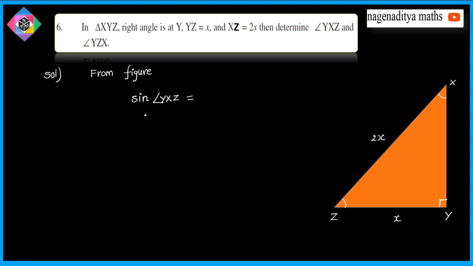Sine theta is the opposite side by hypotenuse side. So what is the opposite side of angle YXZ? So angle YXZ is nothing but this angle. So this opposite side is ZY, by hypotenuse is XZ.